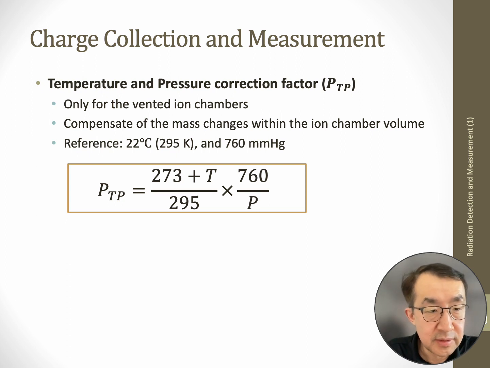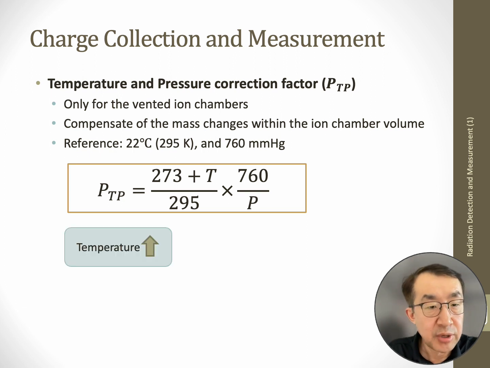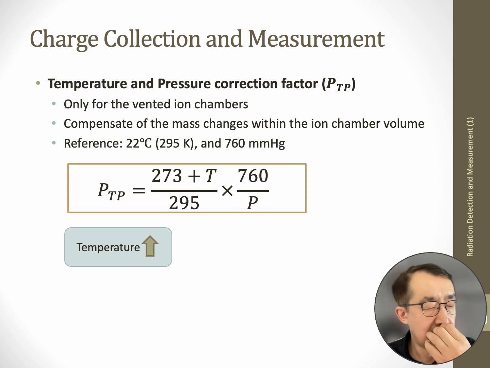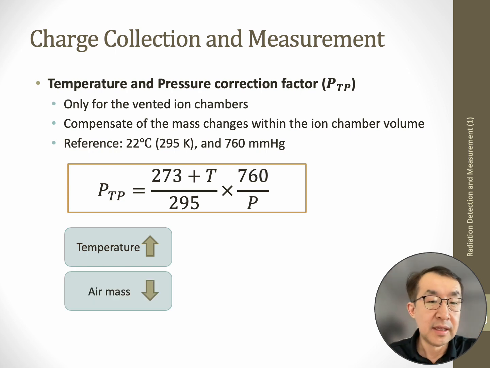The standard reference is 22 centigrade and 760 millimeters of mercury. When temperature goes up, the molecules bounce around, and the absolute number of air molecules within the active volume will go down, so you will have less ionization compared to the lower temperature.